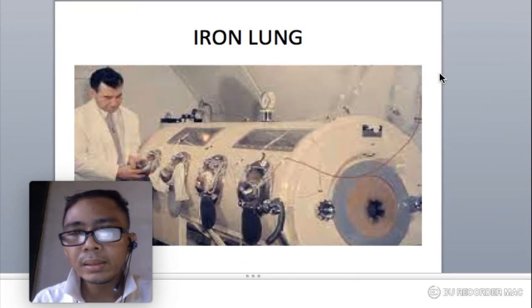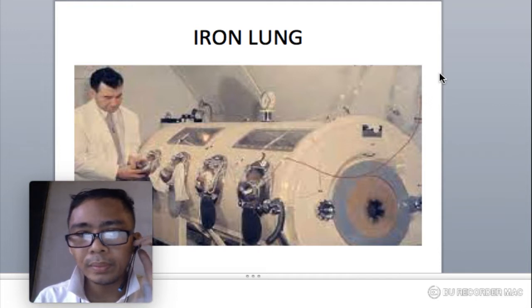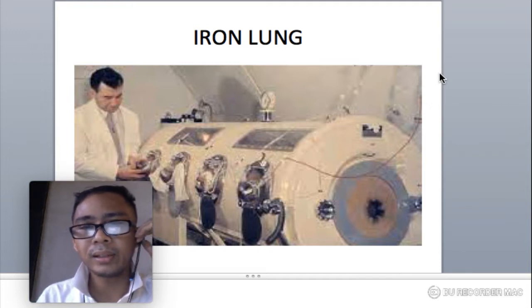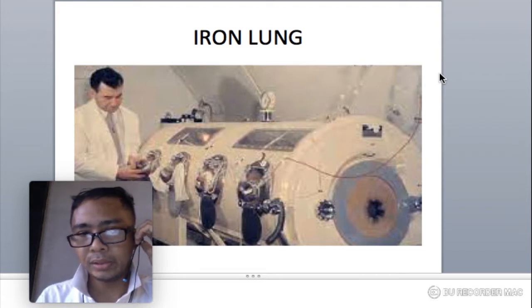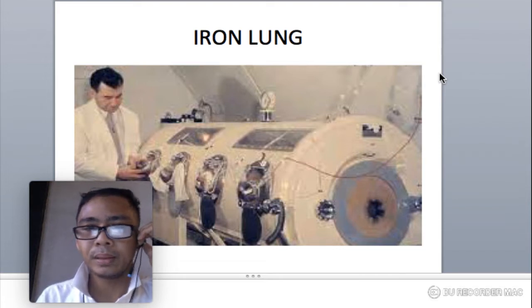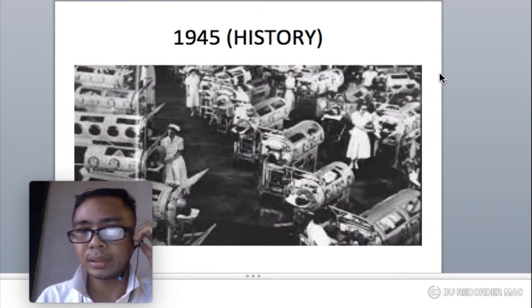This is what we call the mother of all ventilators. Sometimes they call it Drinker's ventilator or respirator. Drinker is the name of the scientist who discovered the ventilator. So it has two names, the iron lung and the Drinker respirator.